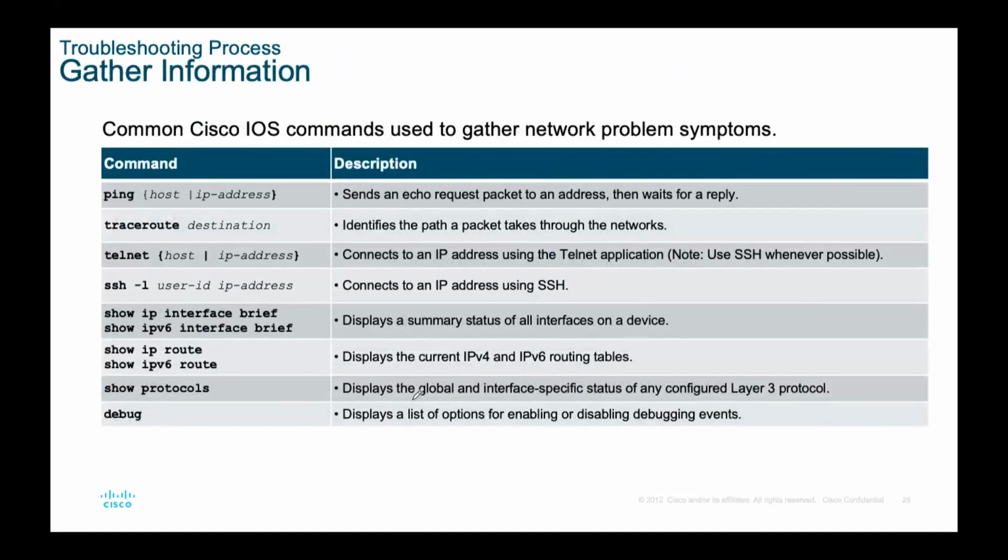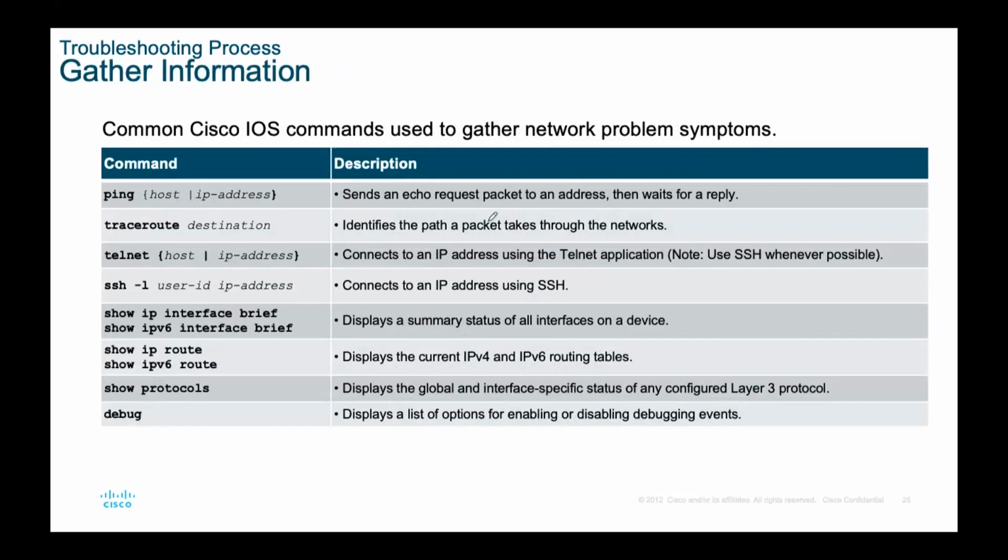Common Cisco IOS commands used to gather network problem symptoms. First, we have ping. The parameter is the host or IP address. What ping does is send an echo request packet to an address, then wait for a reply.